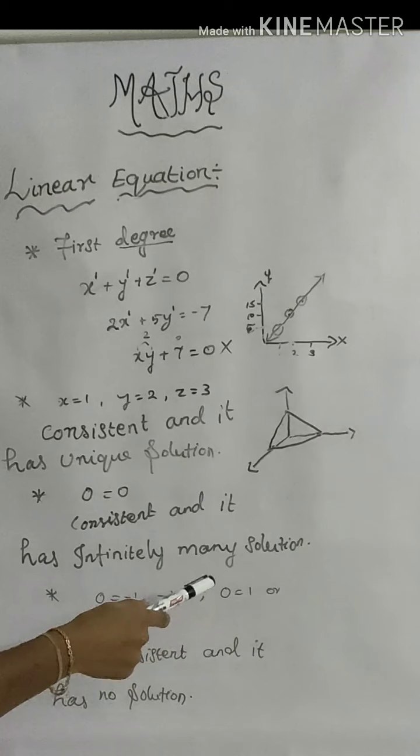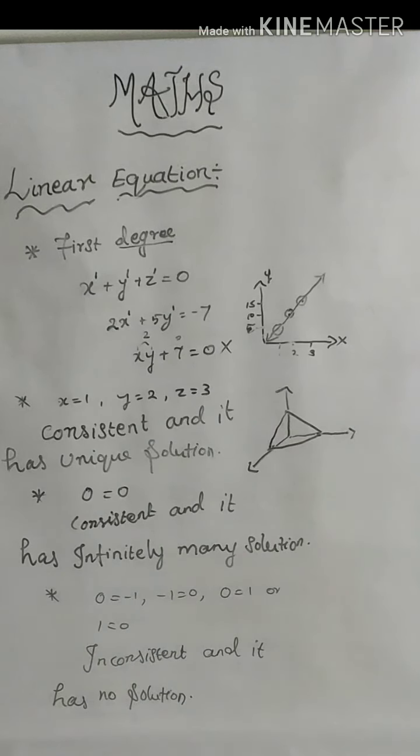If you obtain a false equation, 0 equal to minus 1, or minus 1 equal to 0, or 0 equal to 1, or 1 equal to 0, whatever it is, if you obtain an unequal value, then we can say this is inconsistent and it has no solution.